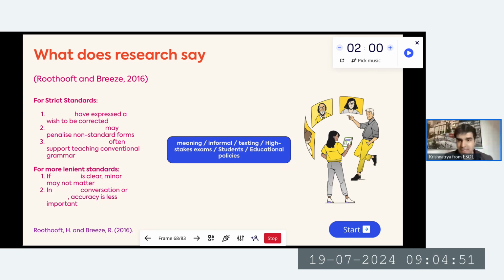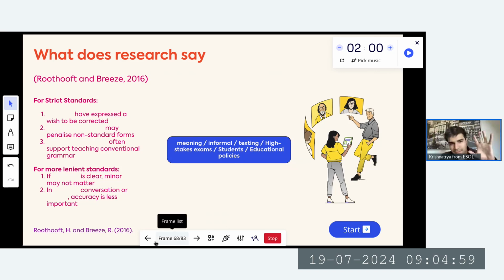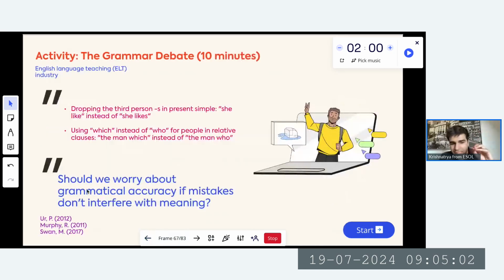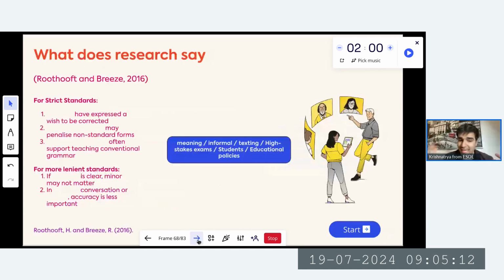Okay, I will repeat it once again. According to research conducted by Ruthoft and Brees in 2016, they said the answer to this question, that grammatical accuracy, if it does not interfere with the meaning, is not important. So they decided to answer this question because this was a debate that was going on for decades and decades.